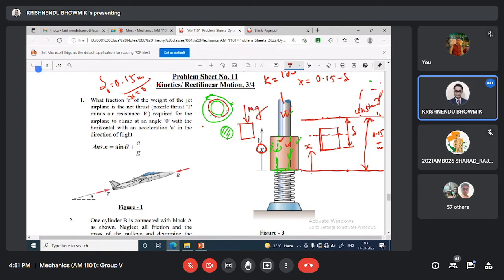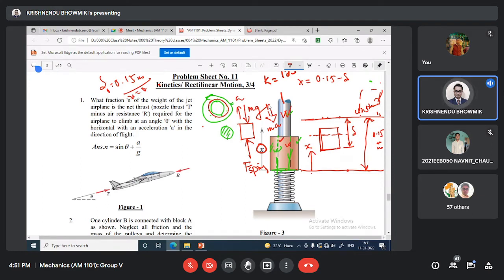The other is the reaction force from the spring, that is F spring. Then it will move in the upward direction. So acceleration is this, and as per the D'Alembert principle, ma is along this.